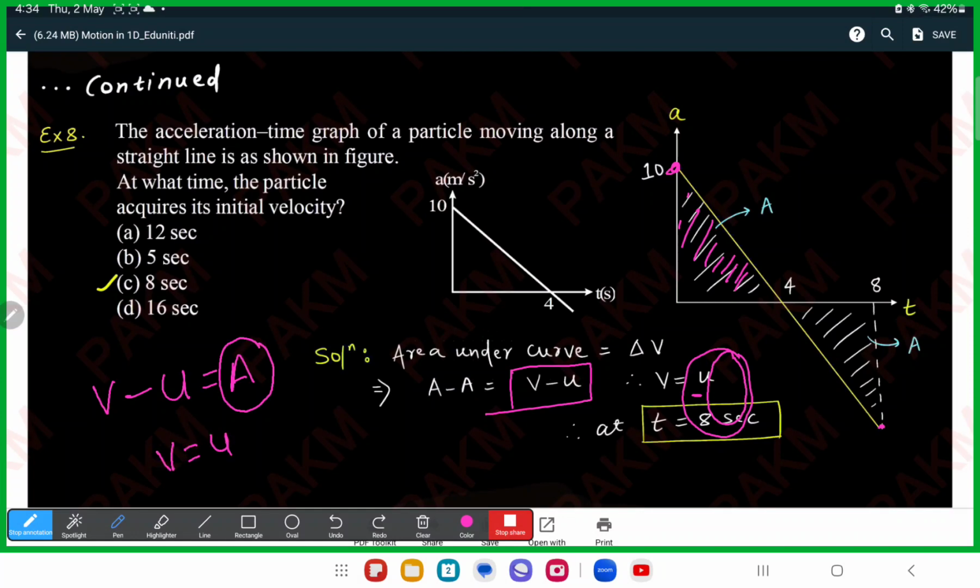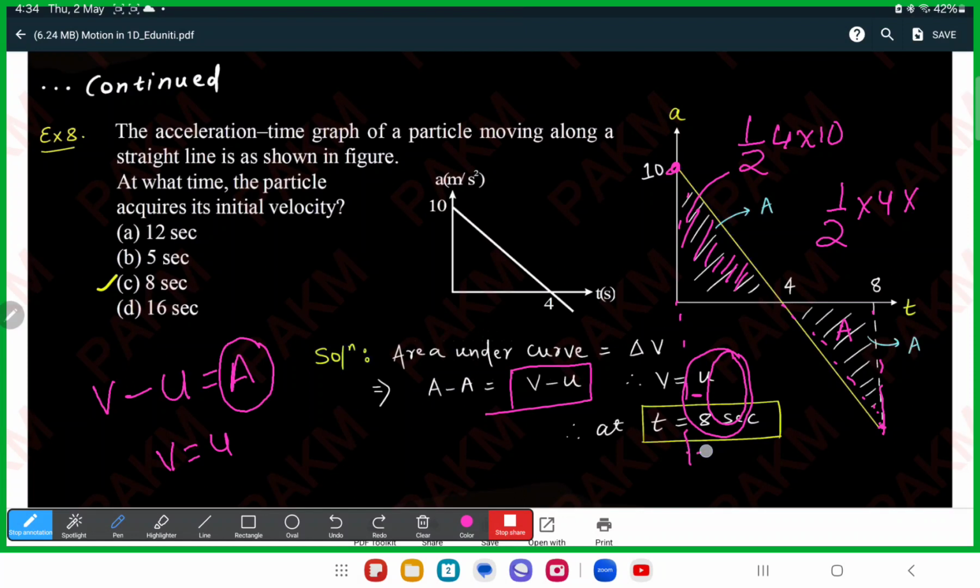And when the area will be 0, once we extend this line up to some point in such a way, what is the upper area? Half base into height. So this area must be equal to the lower area. The lower area is going to be half base into height.